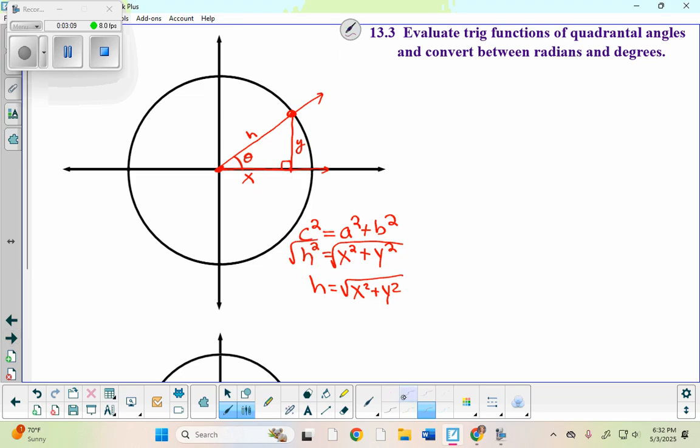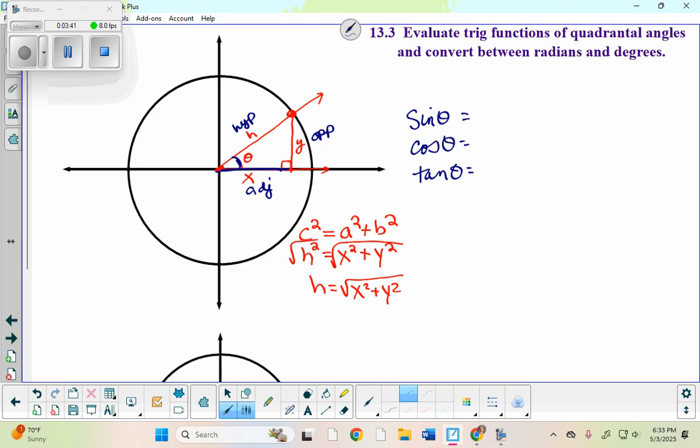Now also keep in mind, when we have to figure out our trig functions, sine of theta, cosine of theta, and tangent of theta, remember I always say label the triangle first. If this is your angle, straight across is your y, which is your opposite. Adjacent is the x. And then the hypotenuse, sometimes called r for the radius of the circle.